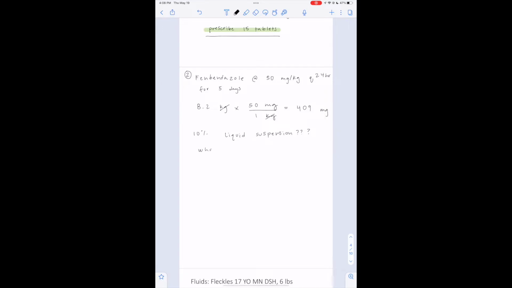So basically, you're going to convert that top grams into milligrams. In 10 grams, there's 10,000 milligrams. So now you're left with 10,000 milligrams for every 100 milliliters. And I'll just wait for the writing to catch up with what I'm saying here.